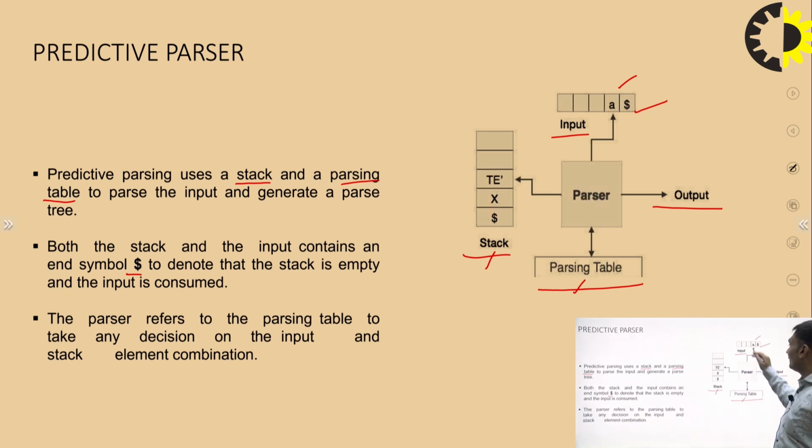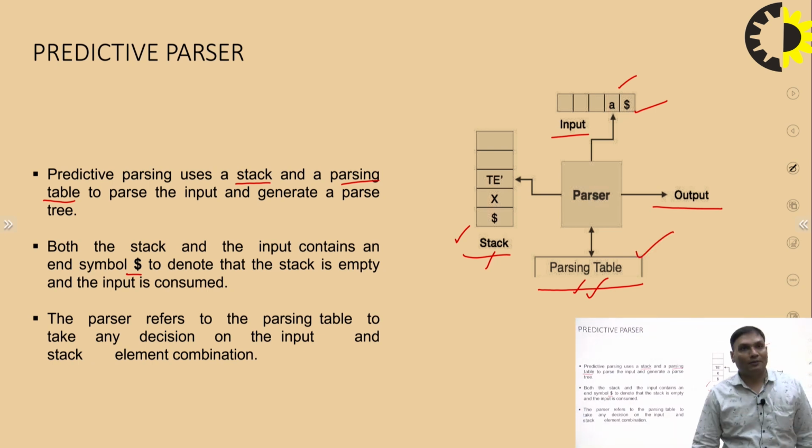And among the three, two things are important: one is the stack and second is the parsing table. So, in the various parsers, the only thing that differs is the parsing table. The construction of the parsing table is important, which is actually utilized to generate the parse tree.